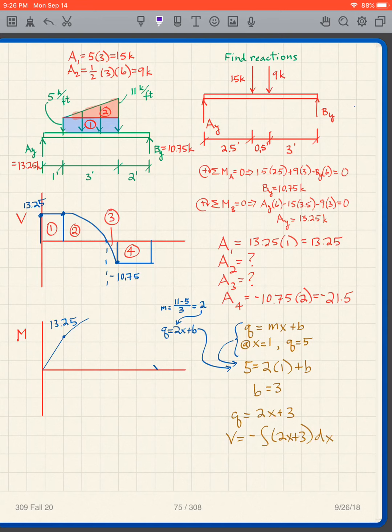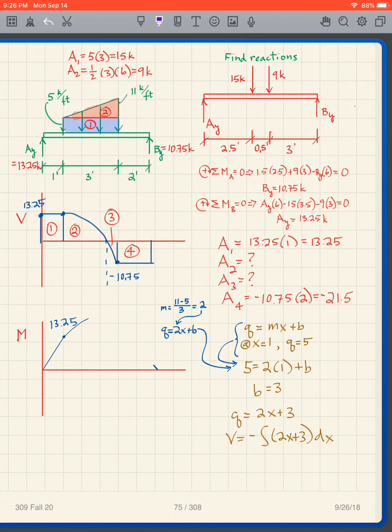So what do we have? It's a trapezoid, so I break it up into a rectangle and a triangle. This is 5, this is 11. So the area of the rectangle is 5 times 3. The area of the triangle is 1/2 times 3 times 6.